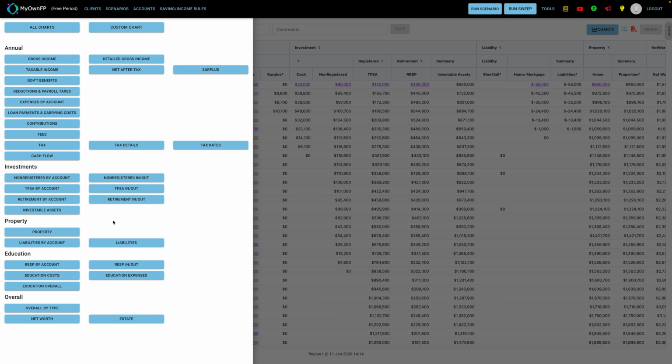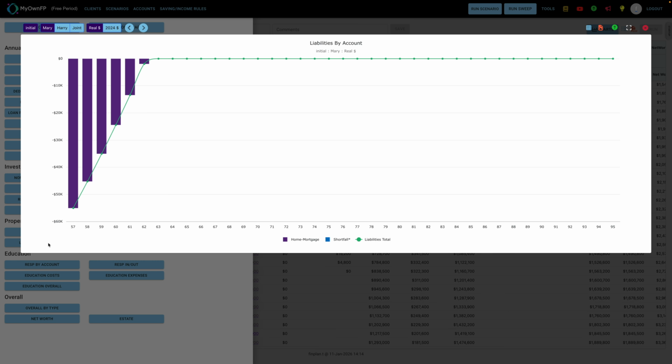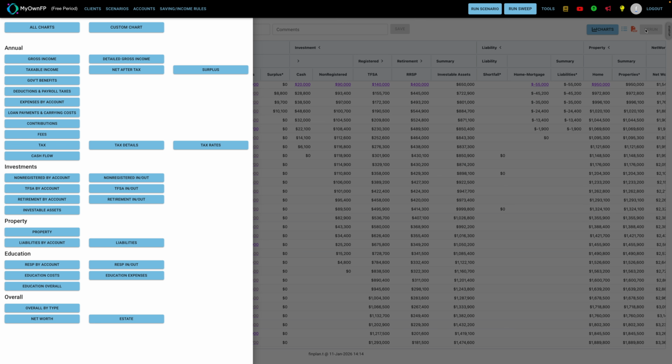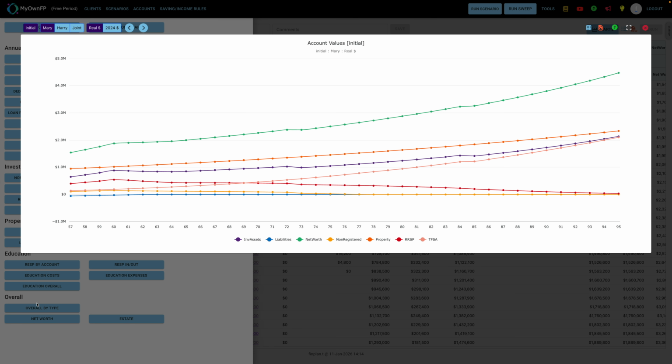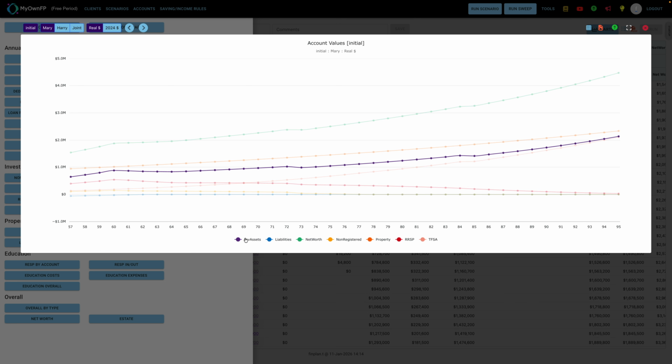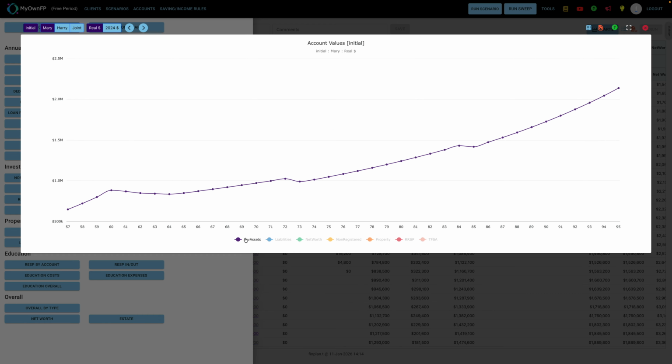Next one, we'll look at property accounts, which aren't really that exciting. We paid that off. It's a negative just because it's a liability. There's no RSP accounts. Overall by type, or by category more specifically, we can see what our investable assets are.